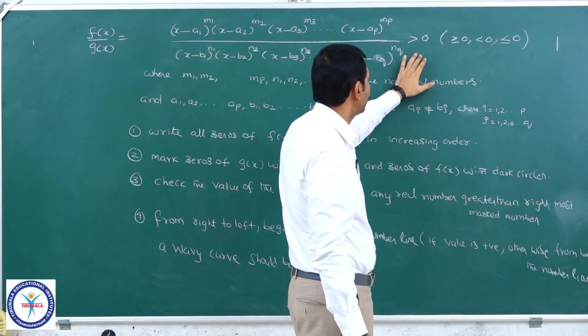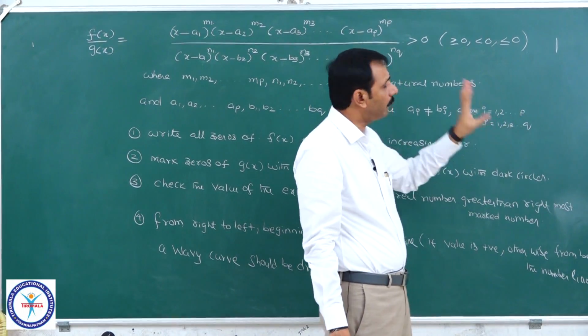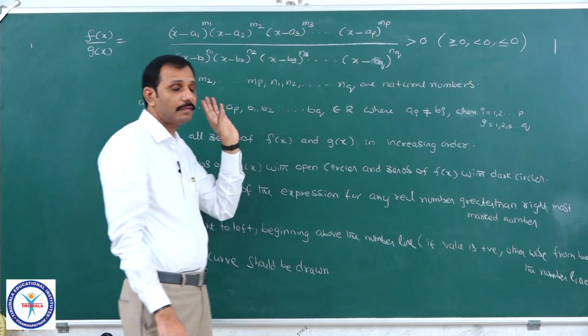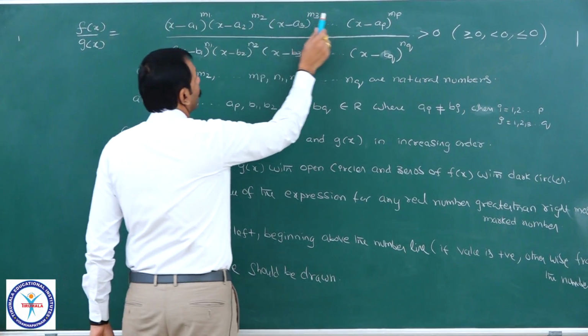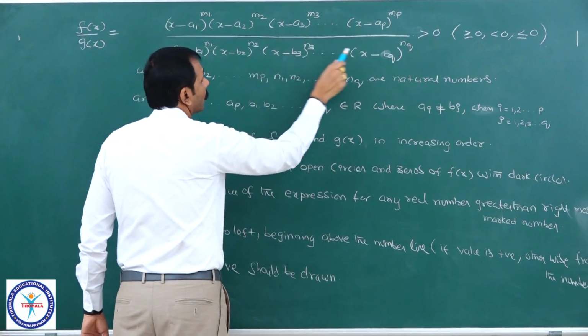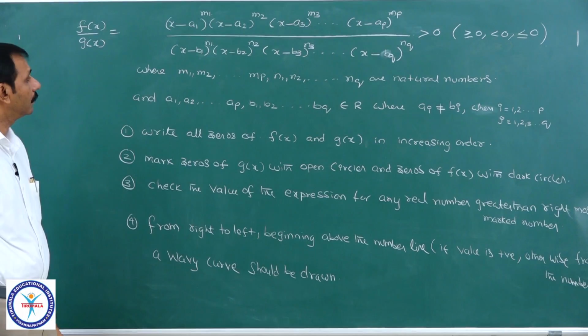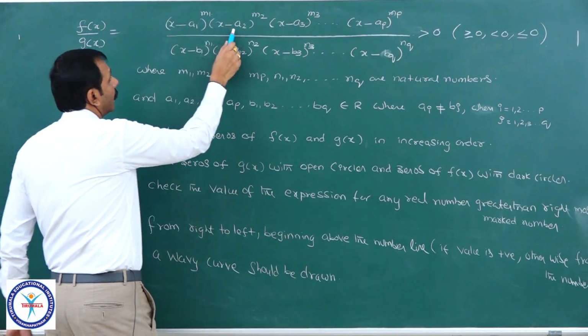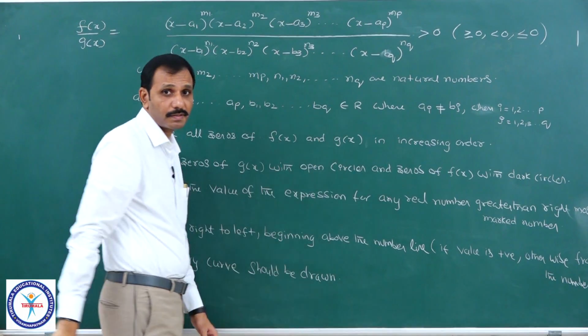It is greater than 0, or it can be greater than or equal to 0, less than 0, or less than or equal to 0; any one of these inequalities is possible, where the powers m1, m2 and so on, mp, n1, n2 and so on, nq are natural numbers, and a1, a2, a3 and so on, b1, b2 and so on, bq are real numbers.